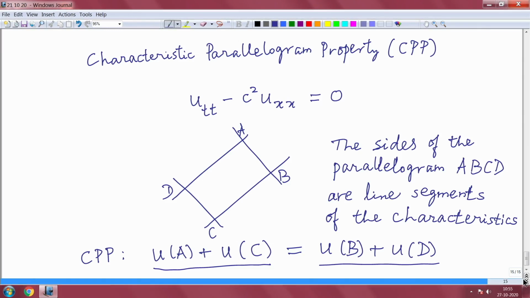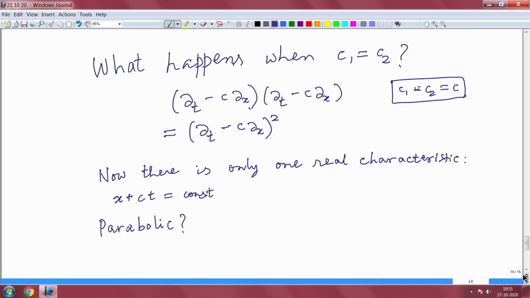So, again back to this second order equation with only one real characteristic. Okay. So, this equation I will write (del t minus c del x) square u equal to 0. So, I am considering the homogeneous equation.